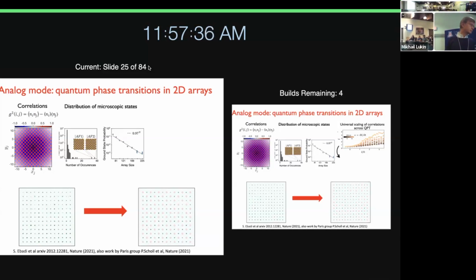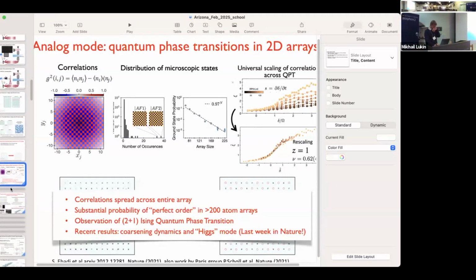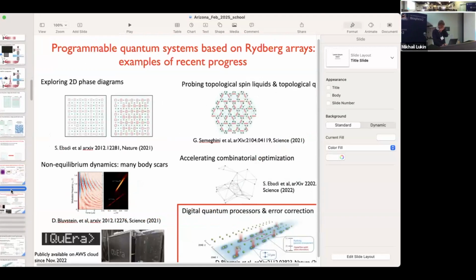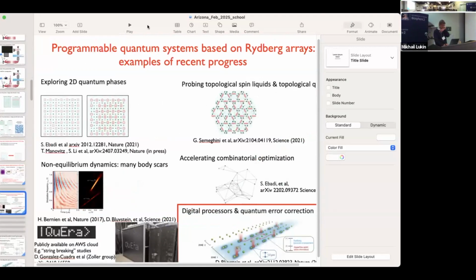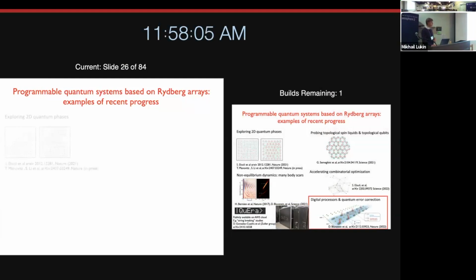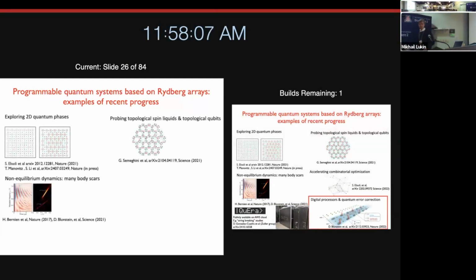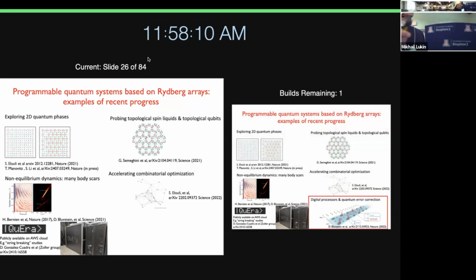Exactly. So for some of the phases, in this 2D system, it has actually quite a complex phase diagram. Let me see if I have some, maybe this slide. So it's an example of the phase here. This is a phase with a slightly larger blockade radius.